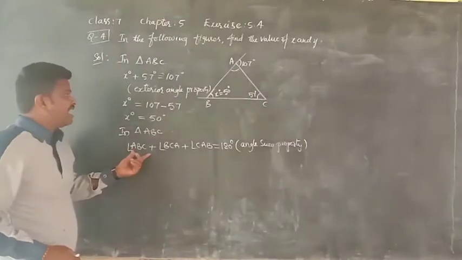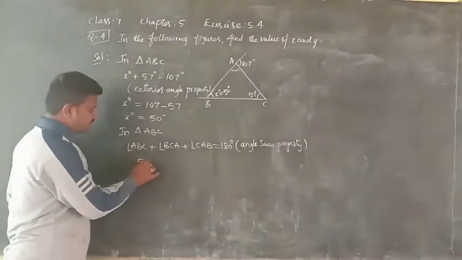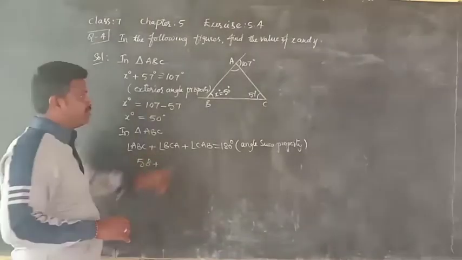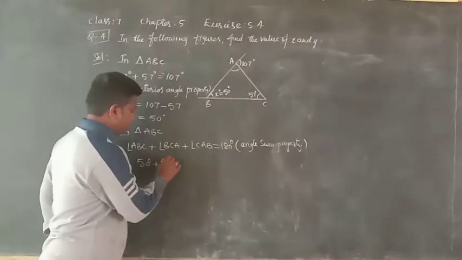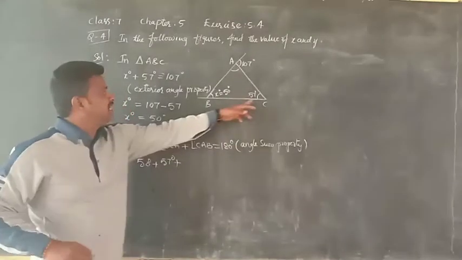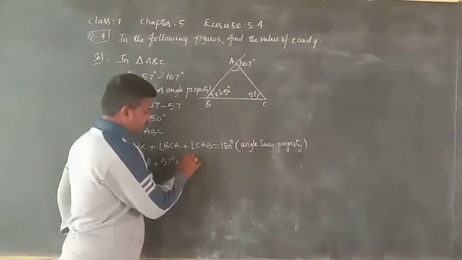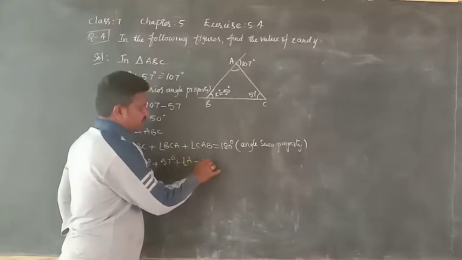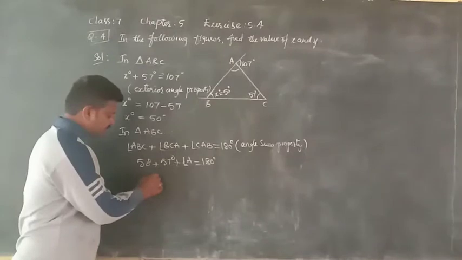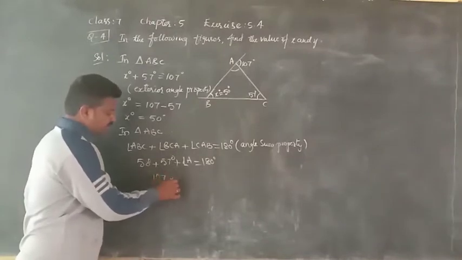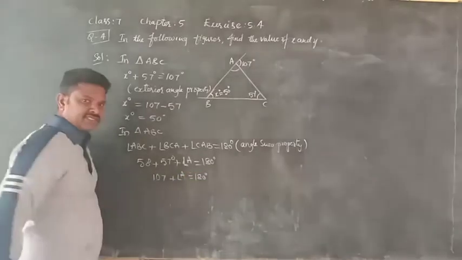Right. Angle ABC, that means B, is 50 degrees, plus angle BCA, C, 57 degrees, plus angle CAB. We don't know this, we have to find it. So that is angle A, which equals 180 degrees. 50 plus 57 is 107 degrees, plus angle A equals 180 degrees.